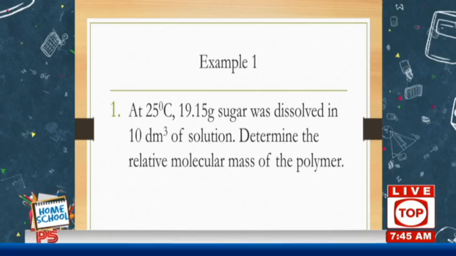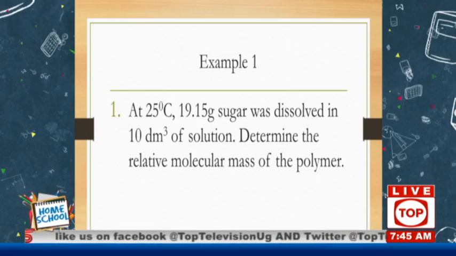What do you do first? We have said that once the question has 25 degrees Celsius, that means you have to convert it into Kelvin. The question has 19.15 grams of sugar, that is the mass, and you should use that mass to get its number of moles.